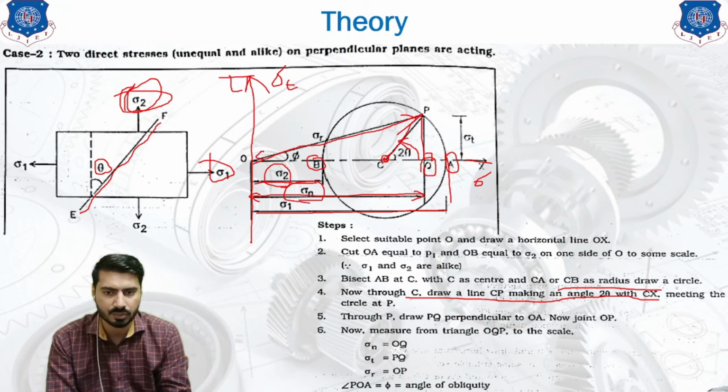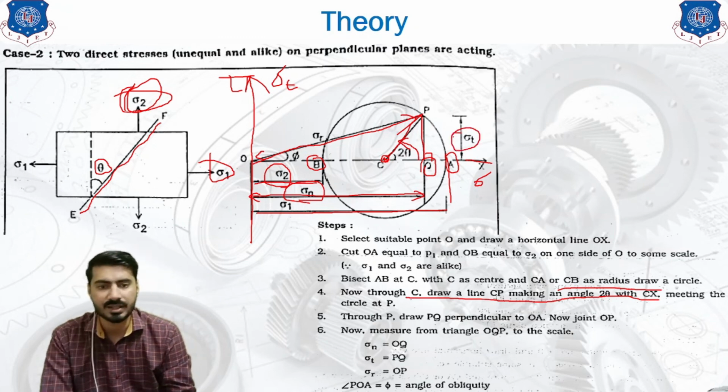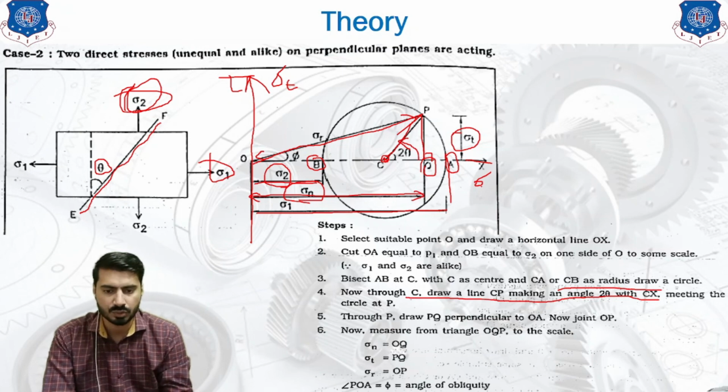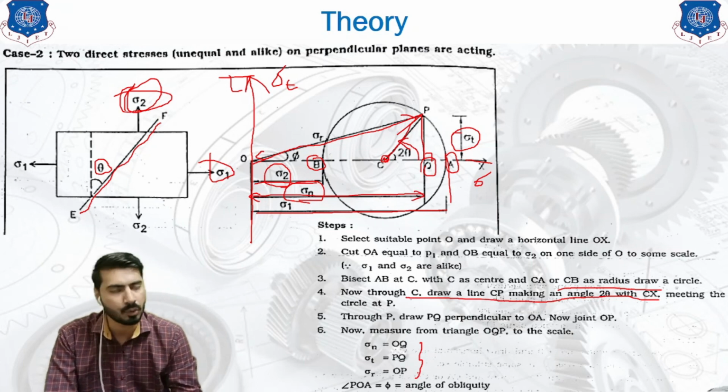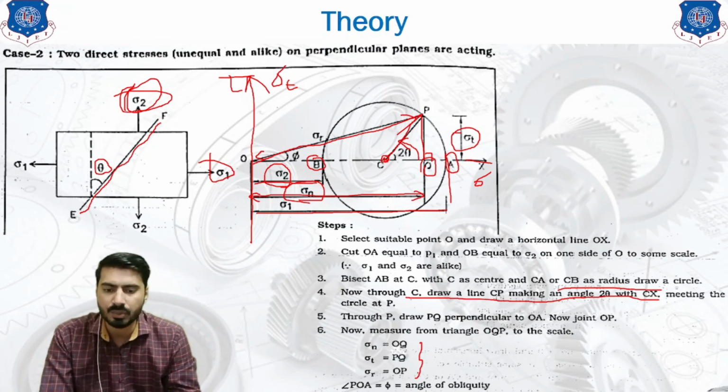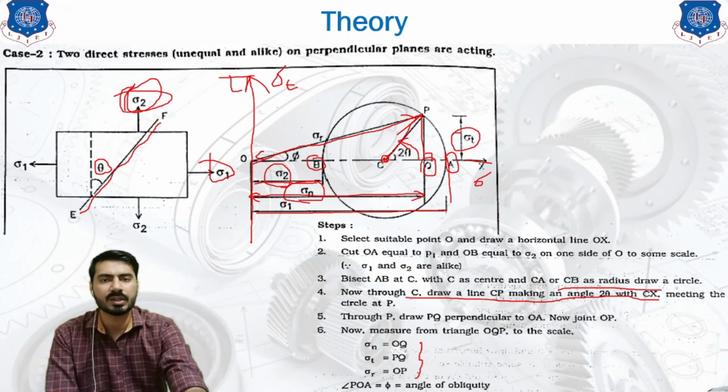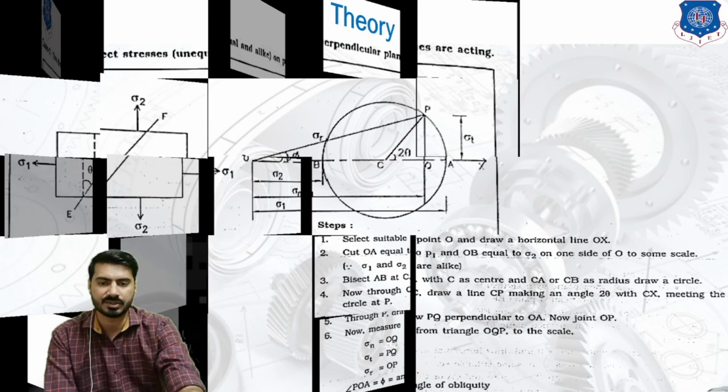And the vertical distance, that is the PQ distance, will give you the answer of sigma T, which is also known as the tangential stress. Measuring all three distances will give you the answer that we require from the Mohr circle. Angle POA is again the angle of obliquity, which is the angle between the normal stress and resultant stress.